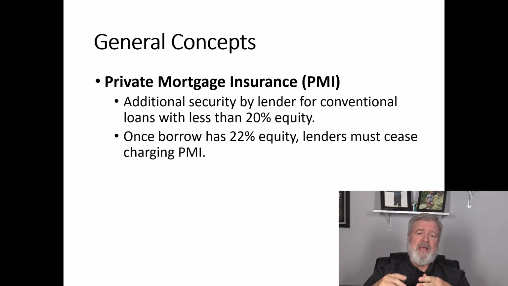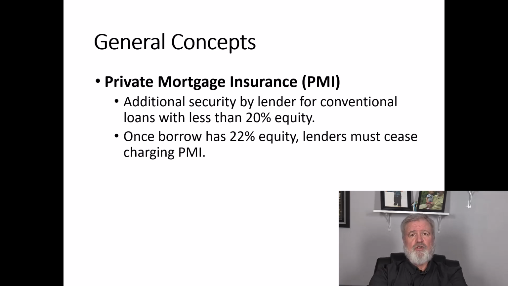Once you've made enough payments, or maybe the house has actually appreciated in value to the point where you can now show that you have 20% equity in the property, once you can show you have 20% equity, now you can request the lender to drop the mortgage insurance. And then you don't have to continue paying for that.